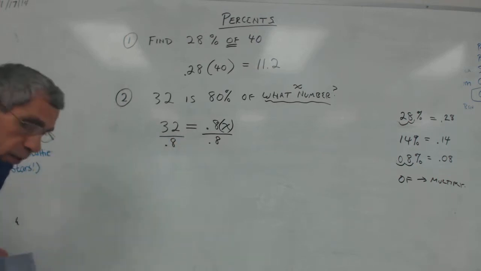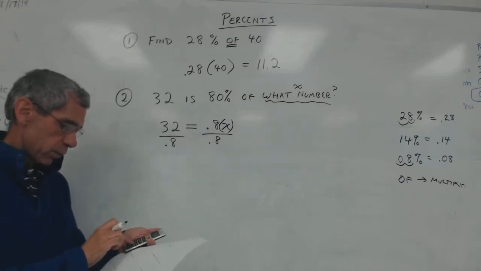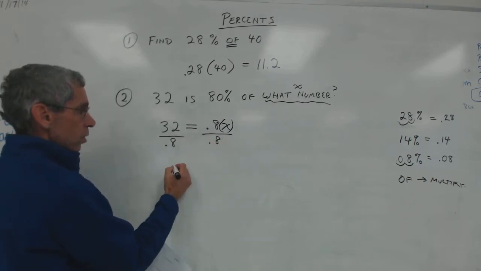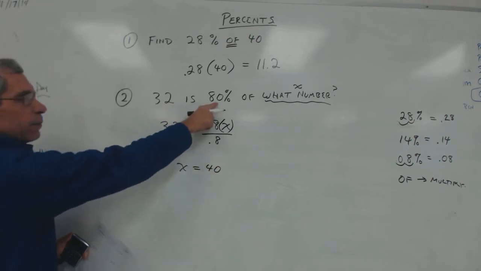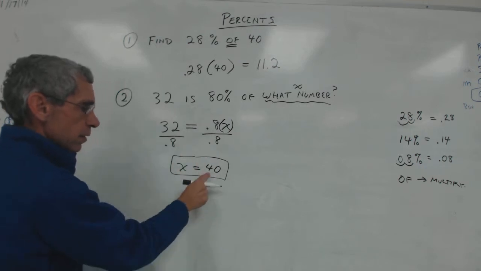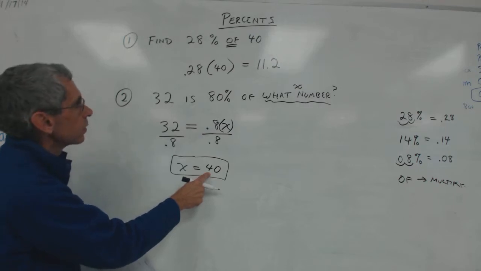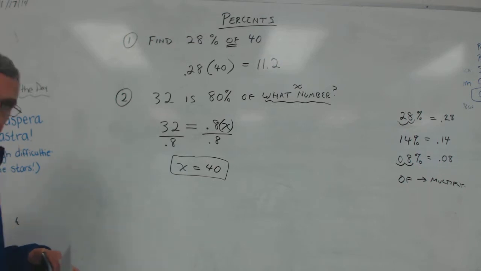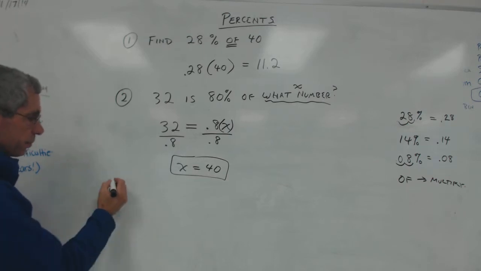So 32 divided by 0.8 is equal to 40. So x is equal to 40. So 32 is 80% of 40. Does that make sense? 100% of 40 would be 40. 80% is going to be like 30, or about that. Look, 32. So we're in the right ballpark. I'm just using logic to make sure I'm always in the right ballpark. Okay, 3.